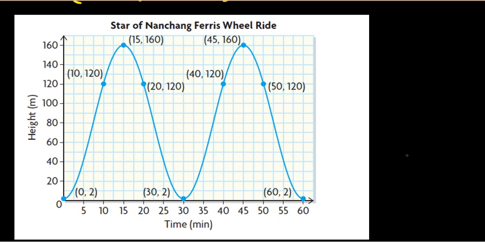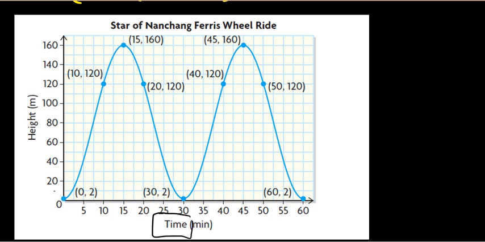What's the definition of the period? You remember from last day? It's the time. In this case, it's the time. Okay. So the difference in x values from the beginning of the cycle to the end of the cycle, or from one point anywhere in the cycle to the next corresponding point of the cycle.